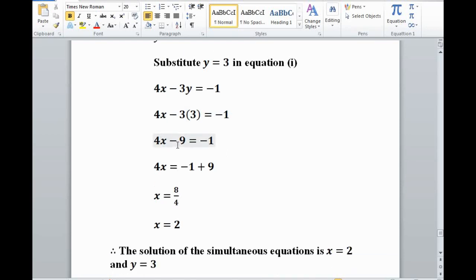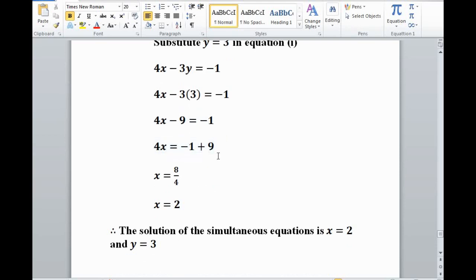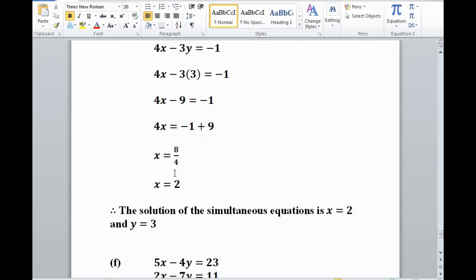So let's take this -9 from left to the right side, so this equation becomes 4x equals -1 plus 9, and the difference is positive 8 because 9 is more than 1. And now to find x, let's take this 4 from left to the right side, or you can also divide both sides of this equation by 4 to eliminate 4 from the left hand side.